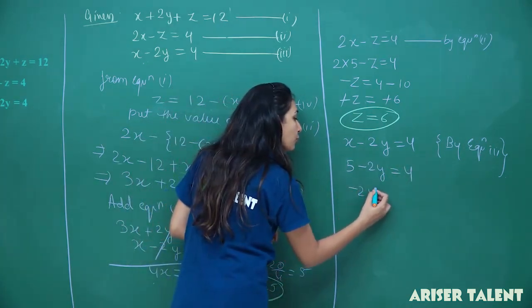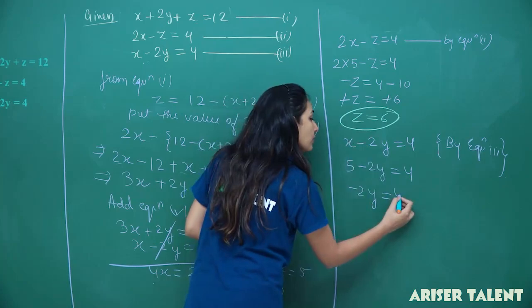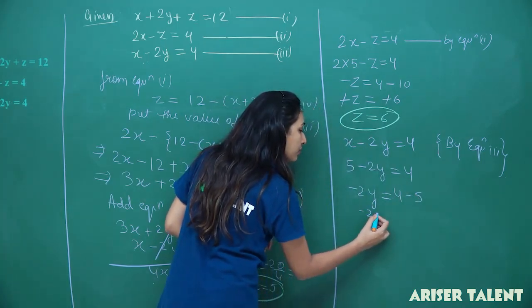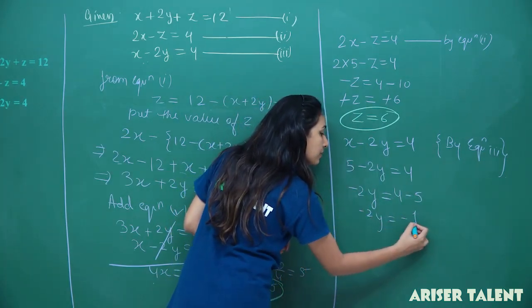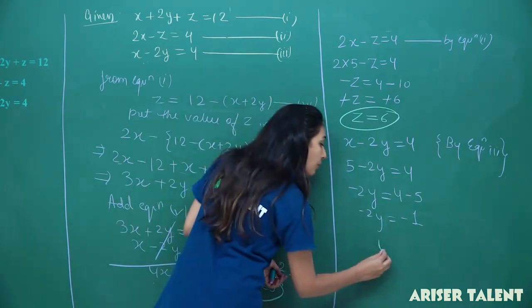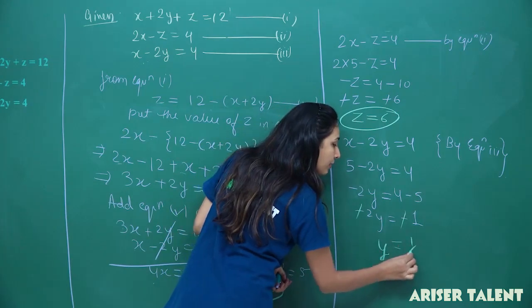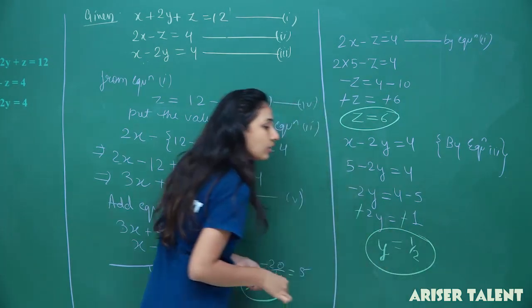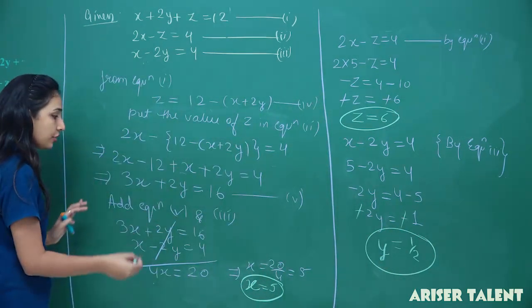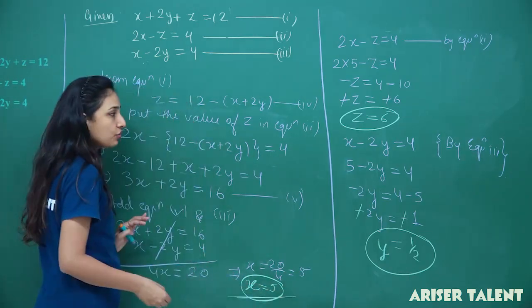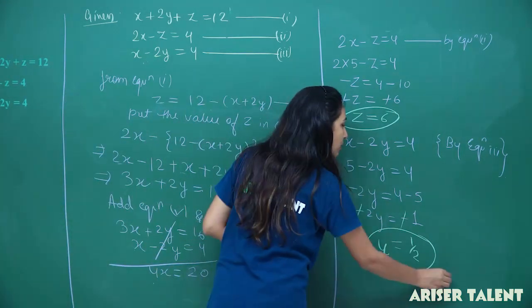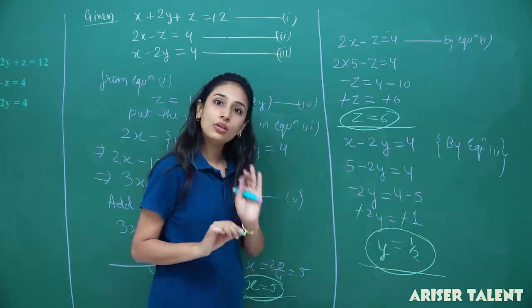That means minus 2y equals 4 minus 5, minus 2y equals minus 1. That means y will be equal to 1 by 2. Here in this condition, you will find the value of x equals 5, value of y equals 1 by 2 and value of z equals 6.